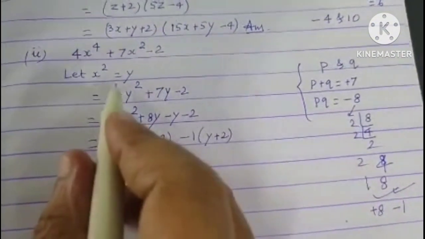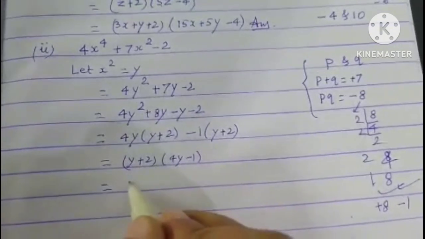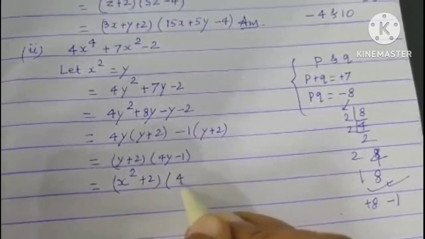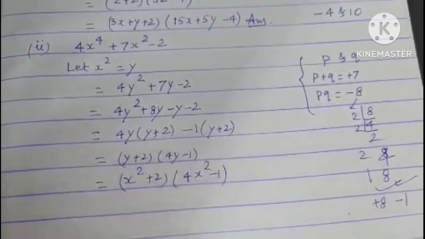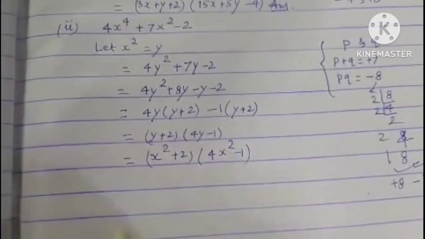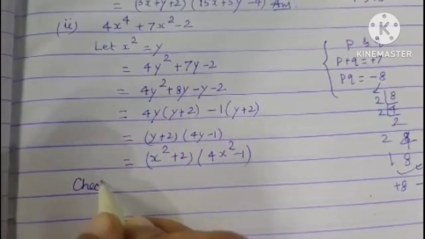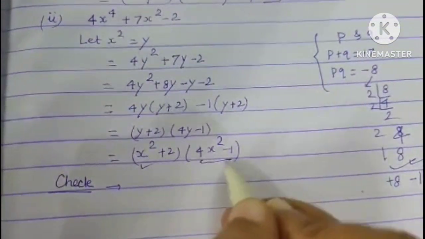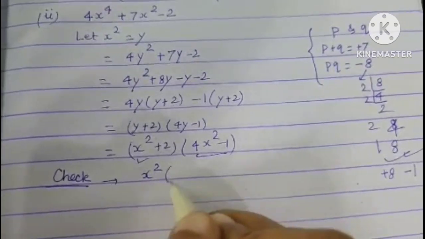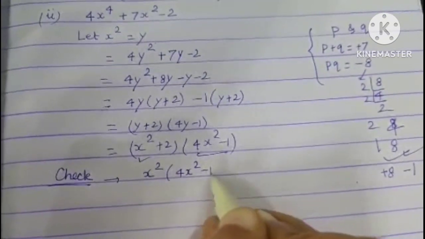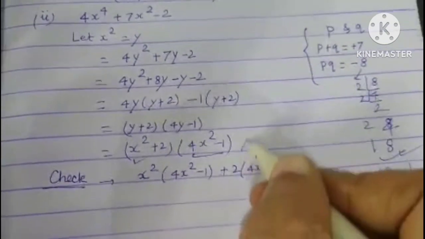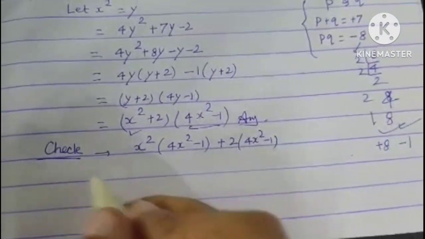Now let us put what we have assumed, x square in place of y. So x square plus 2 and 4x square minus 1. Okay, you can check this also. You just multiply this one. So first of all, x square multiplied by 4x square minus 1 and plus 2 into 4x square minus 1. We are just checking it.